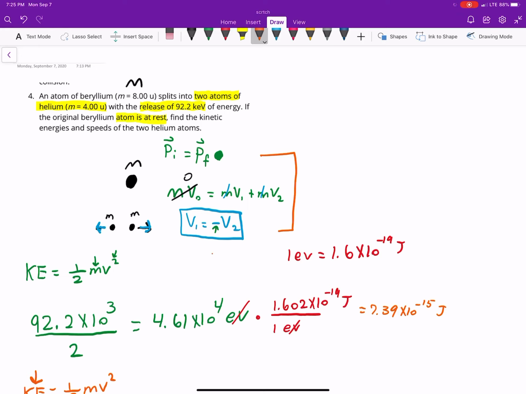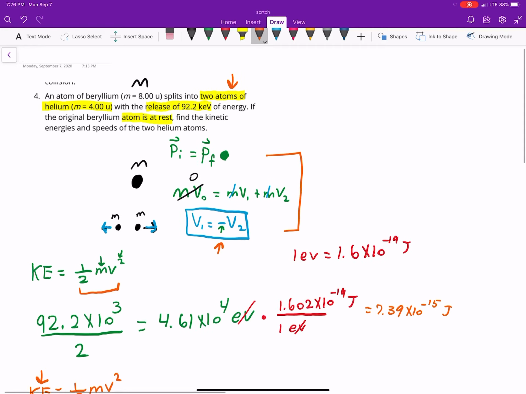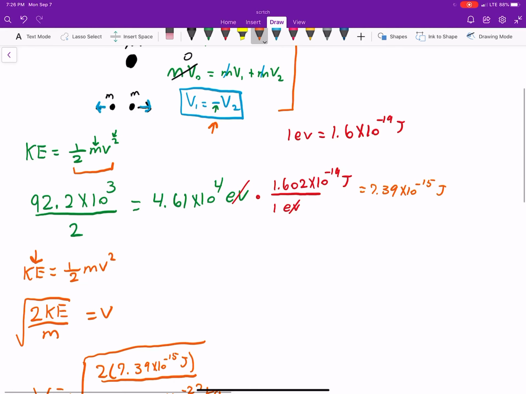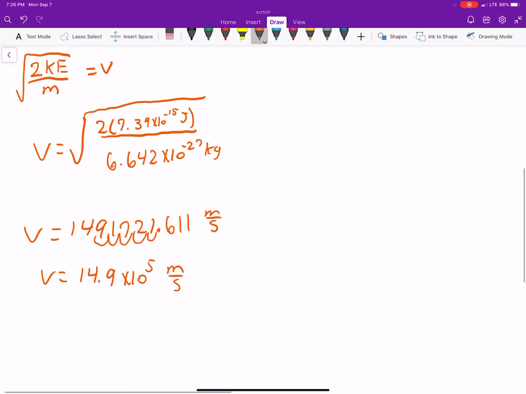The thing that momentum did show us is that they're going at the same speed, and it mentions their masses are the same, and those are the only factors that matter in kinetic energy. So they're both contributing equally to the kinetic energy. So we can easily find the kinetic energy of each atom, and then just using a conversion factor get it in joules. And then using that same equation, we can solve for velocity here to get speed.